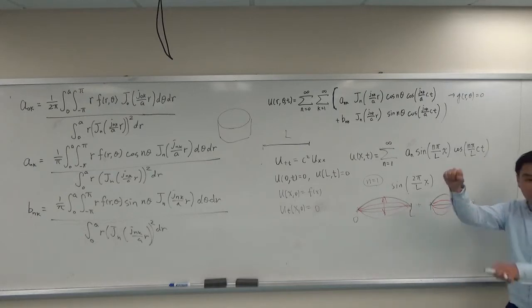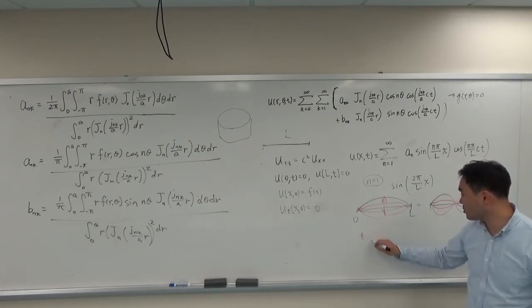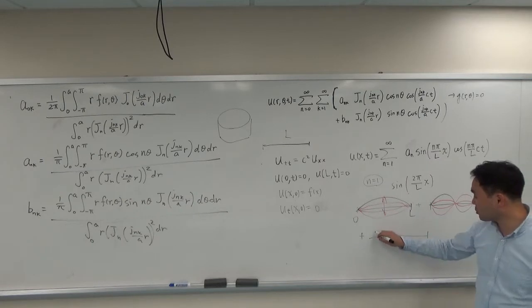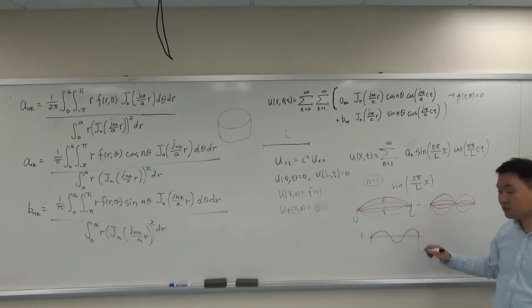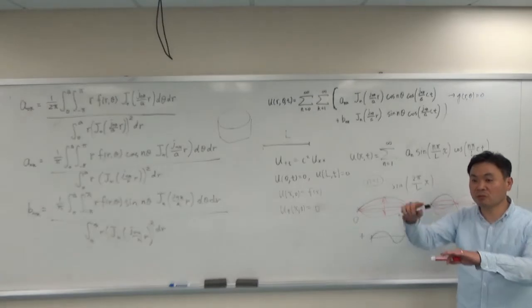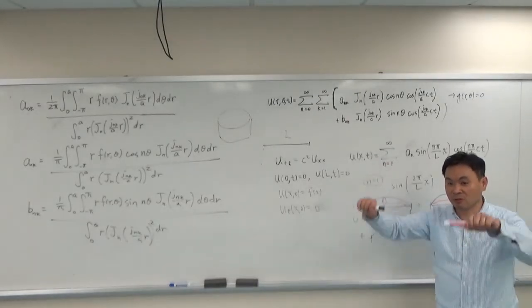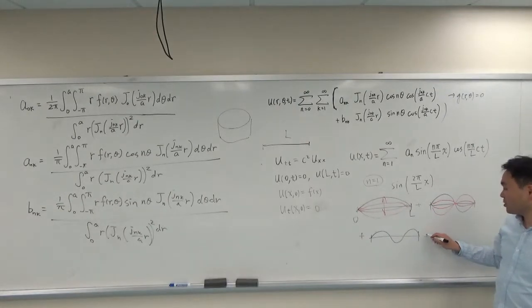Plus, so you kind of see what's going on. What will be the third one? You're going to have this, three things. So the middle one goes like this, and the other one goes like this, and so on and so on.